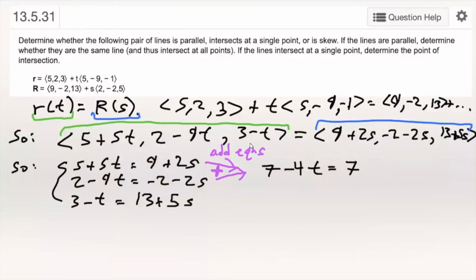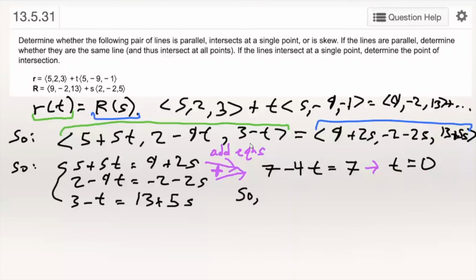And 2s minus 2s goes away. So if you can do elimination like this, it's much quicker. This means that very conveniently, t is equal to 0, subtracting 7 from both sides and dividing both sides by negative 4. Super convenient.